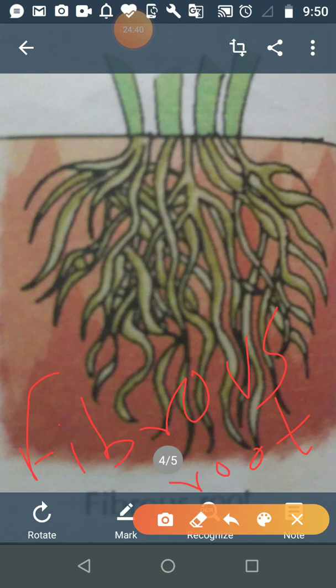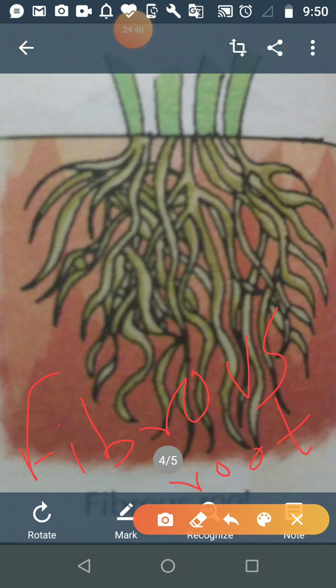Second point, note down, roots absorb water and nutrients from the soil. Now another function of a root is that roots absorb water and nutrients from the soil.